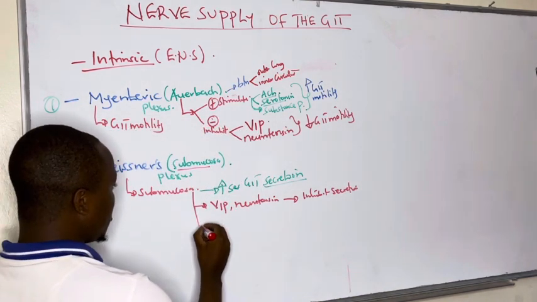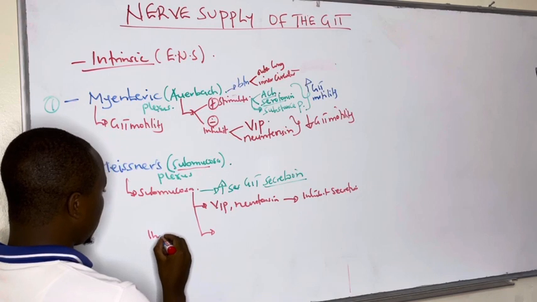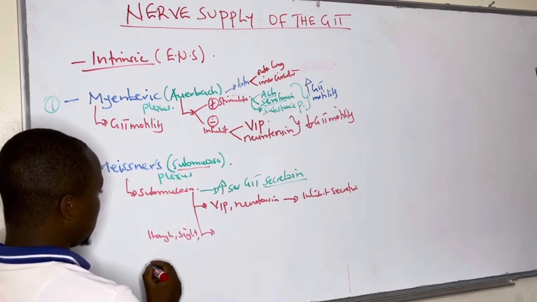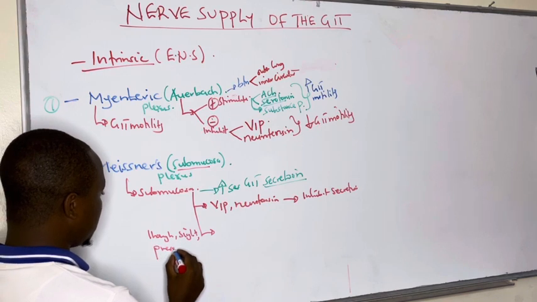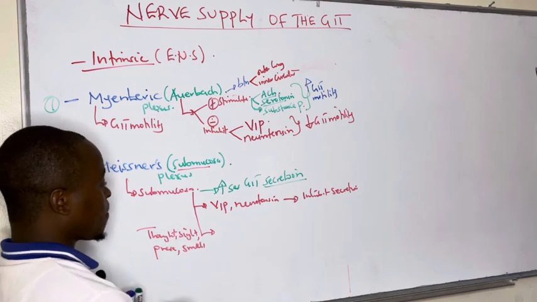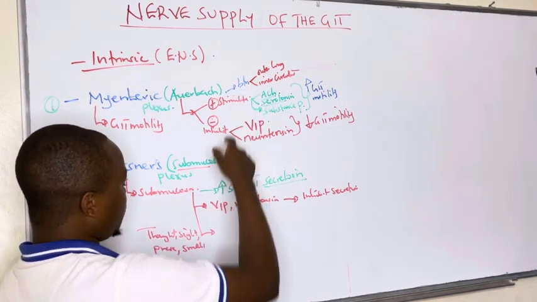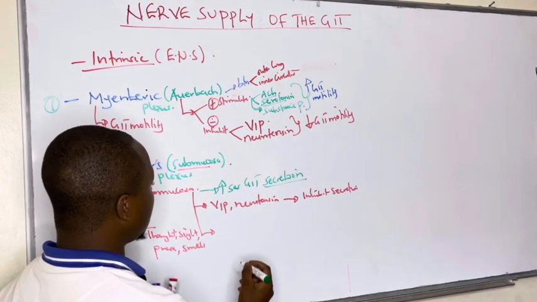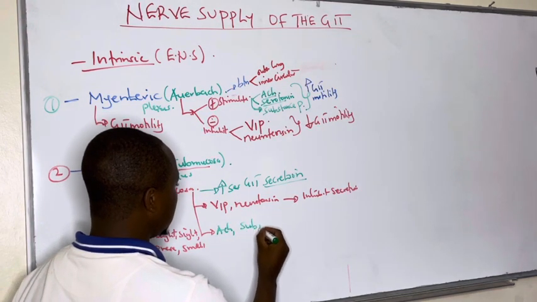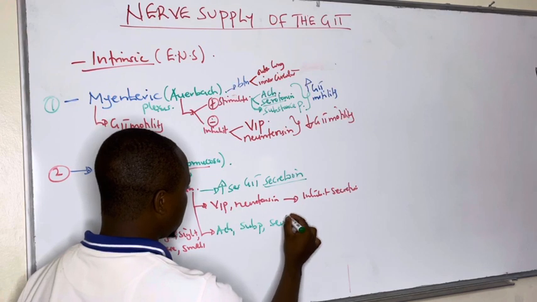But whenever we think of food, thought, sight, presence of food, smell of food, we see production of the other stimulatory substances like acetylcholine, substance P, and serotonin.